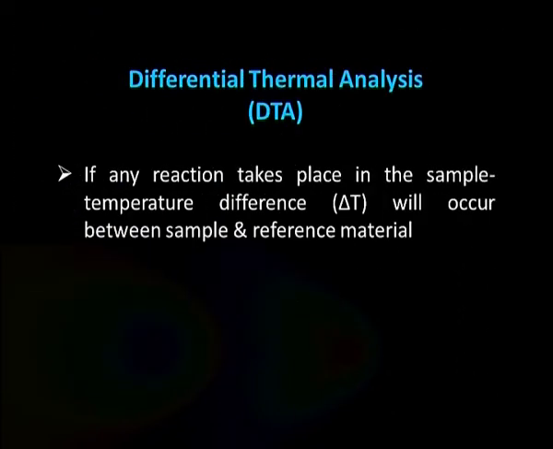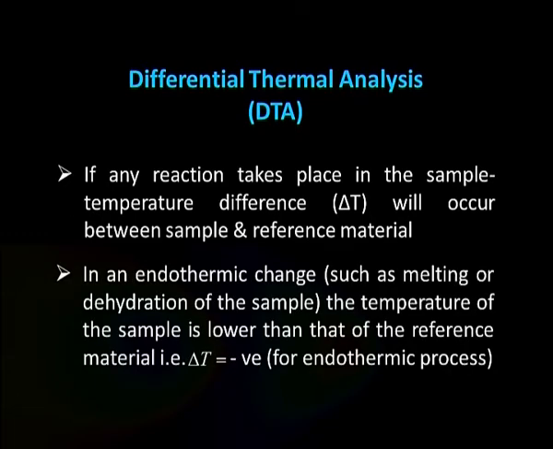If any reaction takes place in the sample, the temperature difference, normally represented as delta T, will occur between the sample and reference material. In an endothermic change, such as melting or dehydration of the sample, the temperature of the sample is lower than that of the reference material, which means delta T will be negative for an endothermic process.